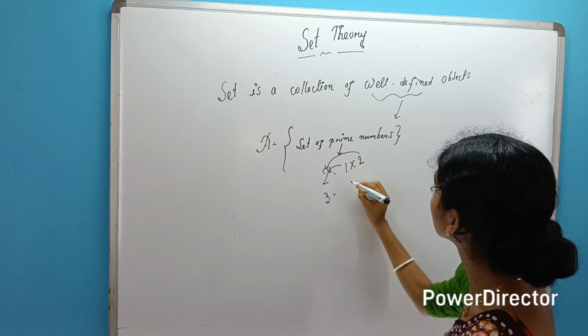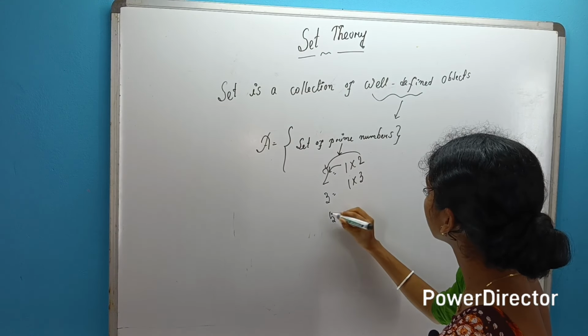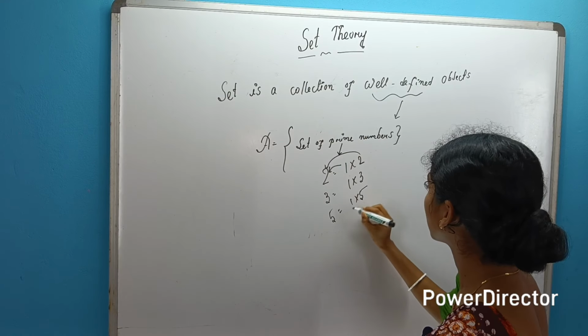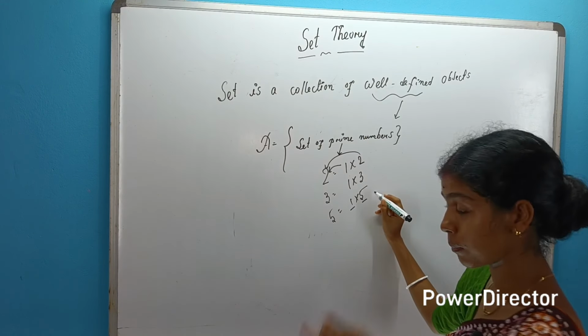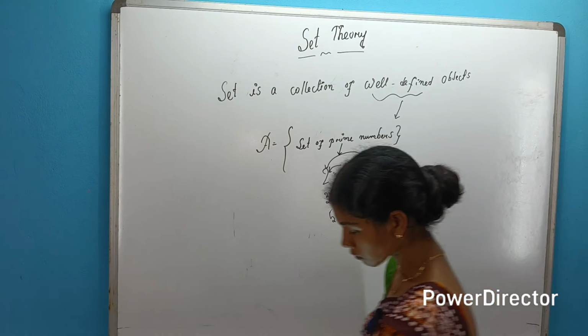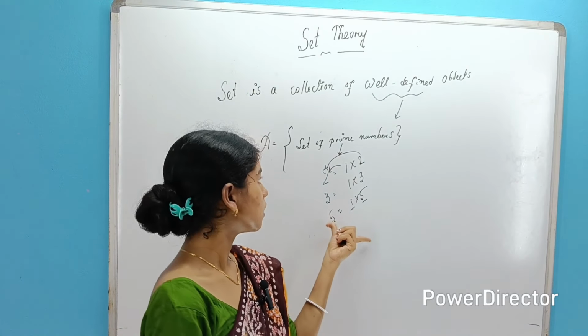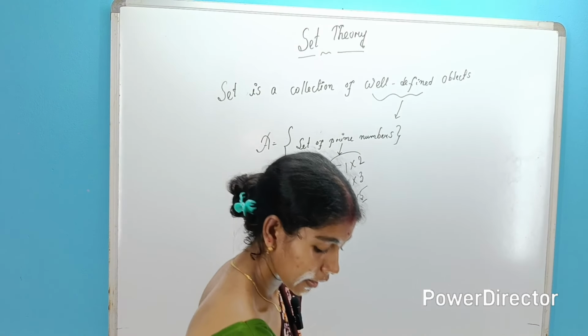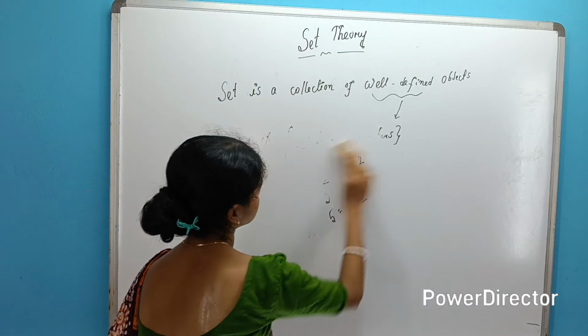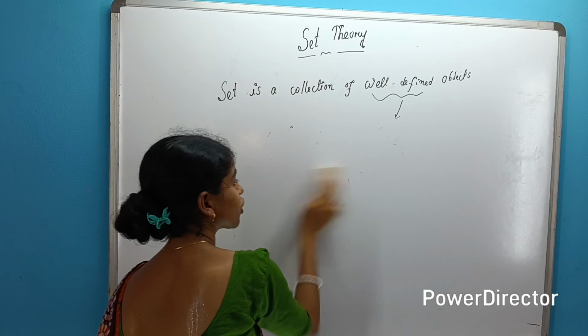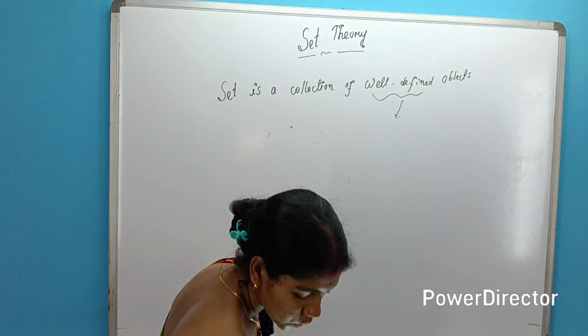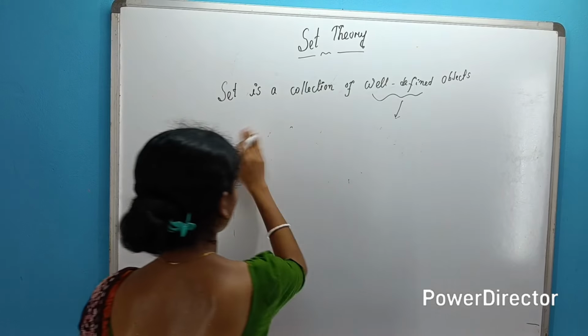Like 3, 1 into 3, 5, 1 into 5. 1 and itself are the divisors of what we call prime numbers. In that way, the set of vowels in English alphabets, the 5 letters. So these are some terminology you have to know.